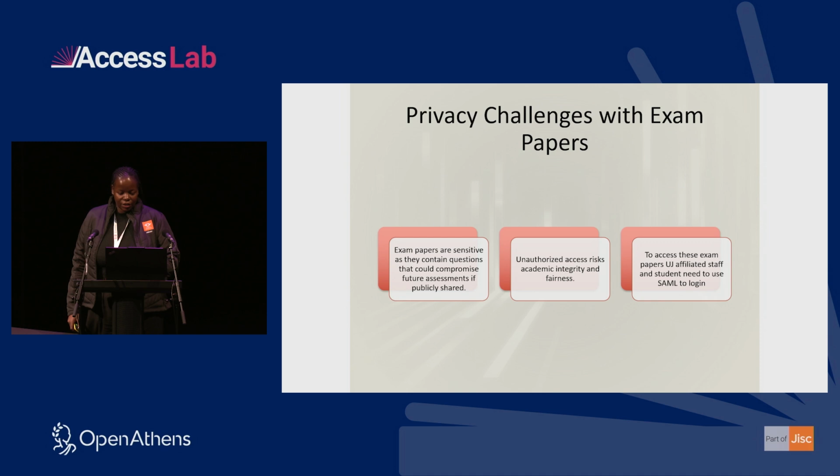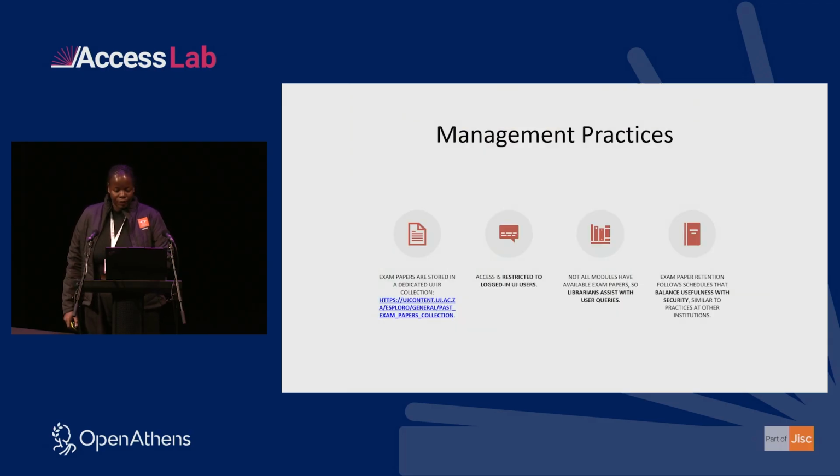Currently the exam papers are only accessed by affiliated UJ staff and students through SAML login. The exam papers are stored at that URL. When you click on the UJ repository, I'll just show you how it looks.